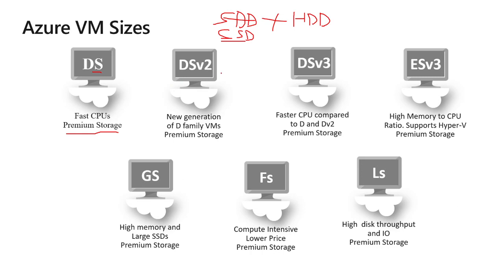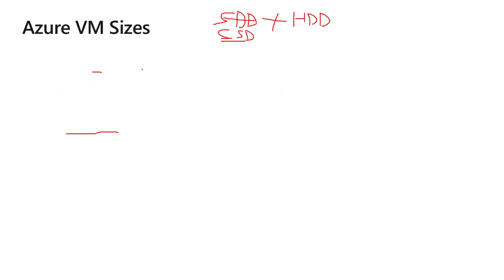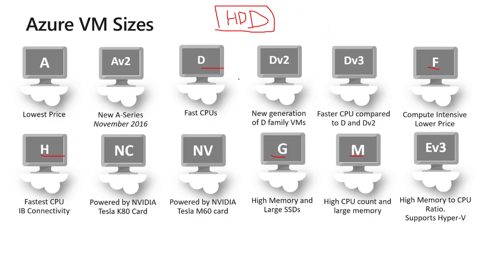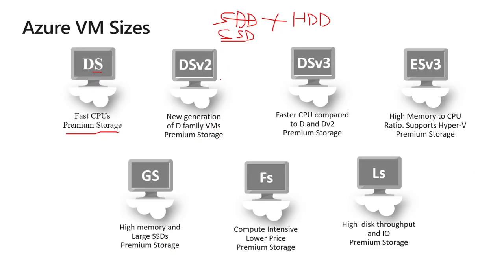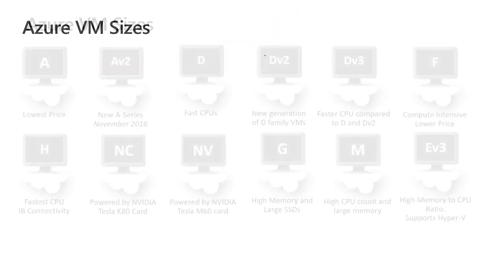And guys, the cost of this DS and D is the same. There is no difference at all. The cost of DV2 and DSV2 are the same. The only difference is that one supports SSD, the other doesn't.